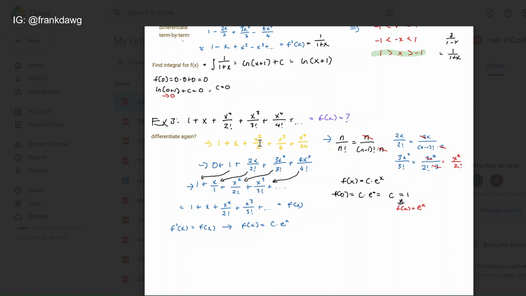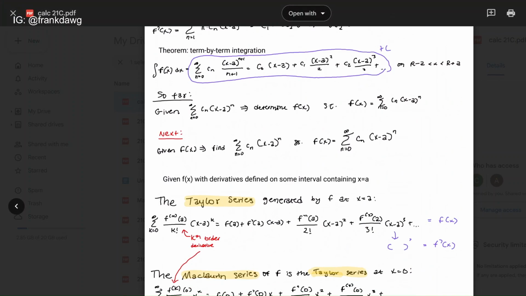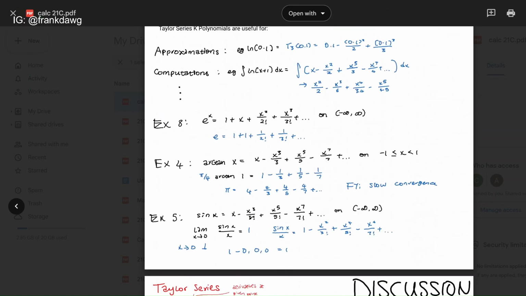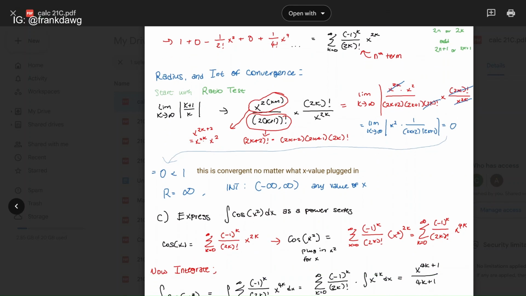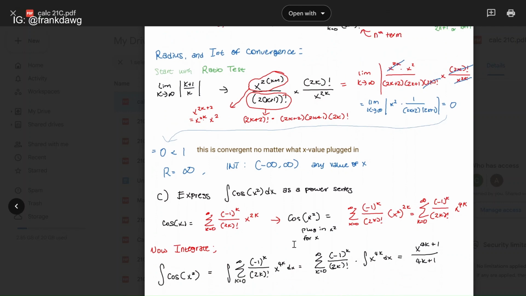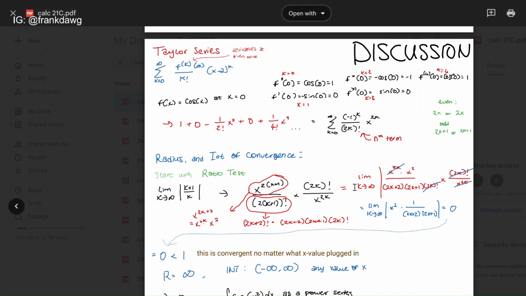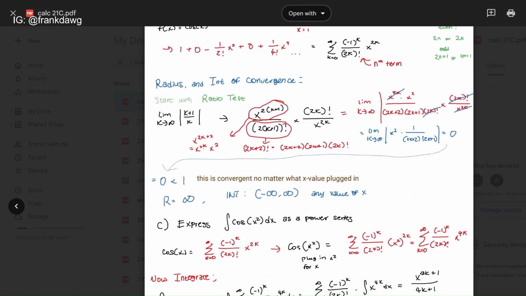Just derive it term by term, and the equation also changes as well. It's pretty cool. Let me try to look for a cool example. There's one in here somewhere. I can't find it anymore.